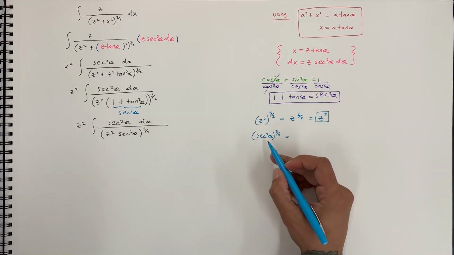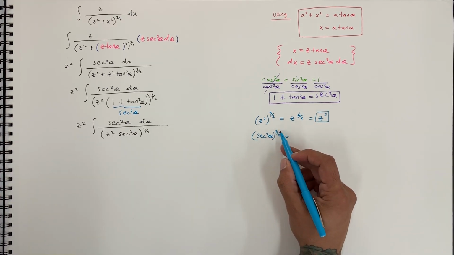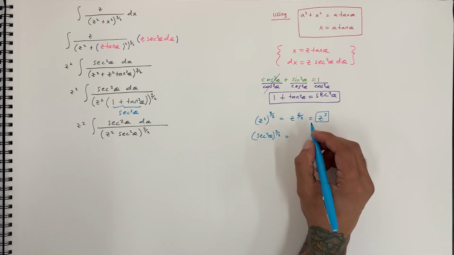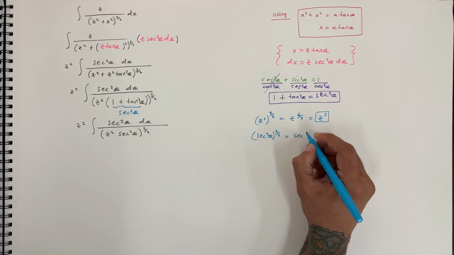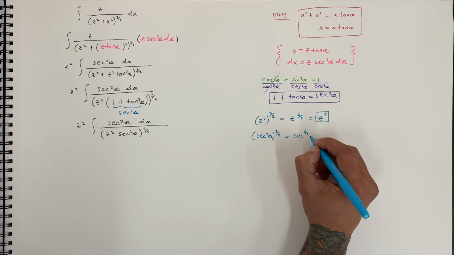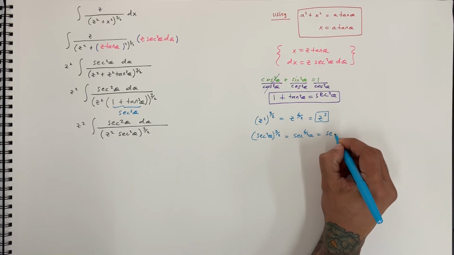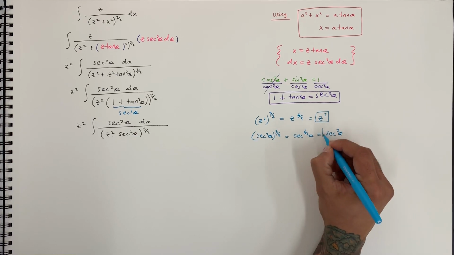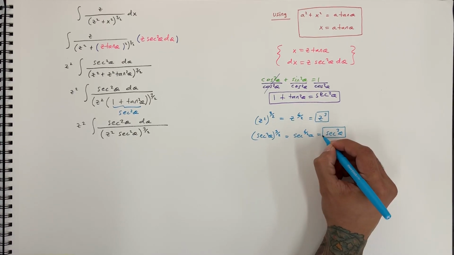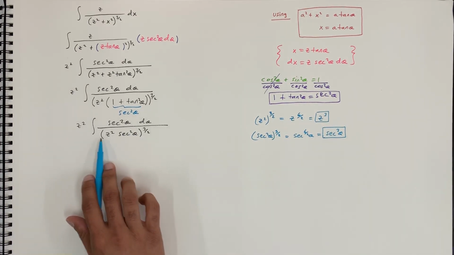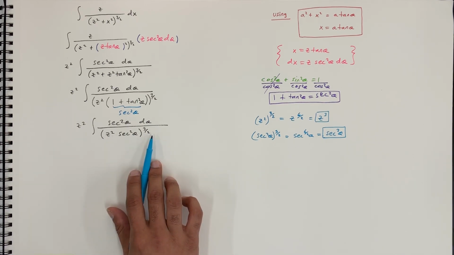So that's for that, and secant, the same thing. We have secant squared raised to the exponent 3 over 2. So we're going to have secant to the 6 over 2, and that's going to be equal to secant raised to the 3rd. So that's what the entire bottom is equal to.